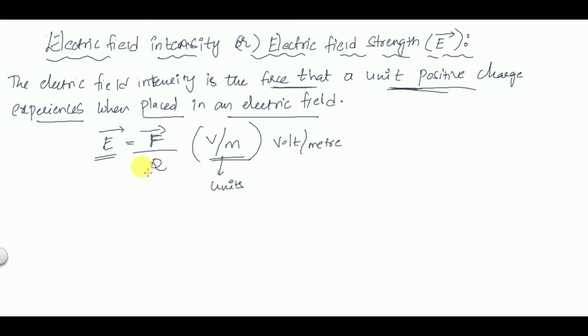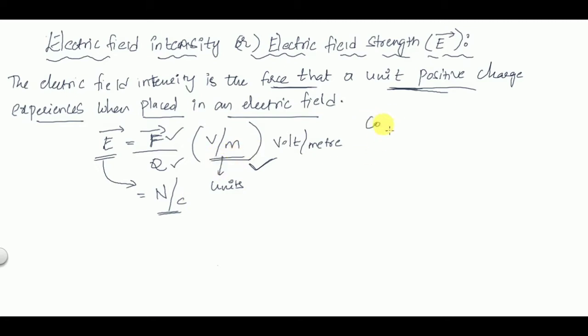Or, the unit for force is Newton and the unit for charge is Coulomb, so it can also be Newton per Coulomb. Newton per Coulomb also represents the electric field intensity, but the standard unit which we use for electrostatics is volt per meter.